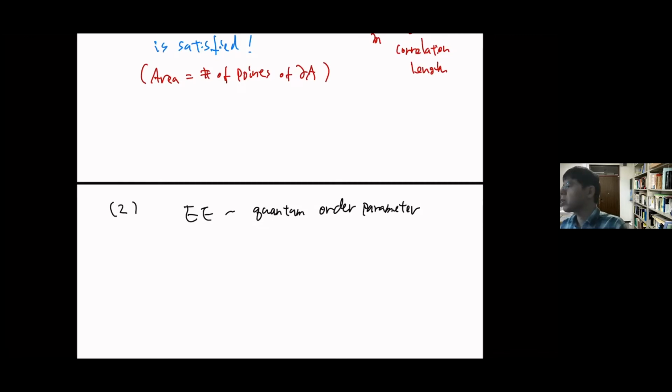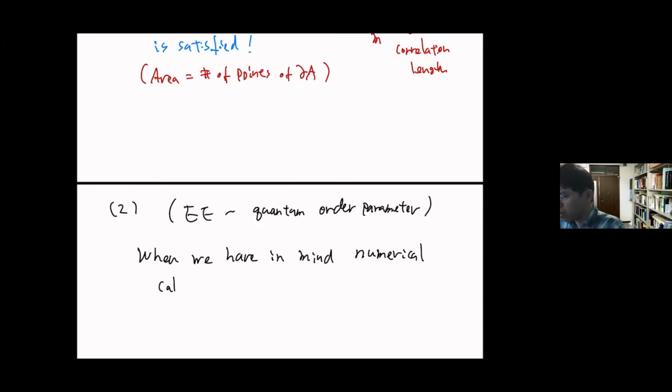So here I would like to comment. Let's have in mind a numerical calculation of some complicated Hamiltonian, which we cannot exactly solve.